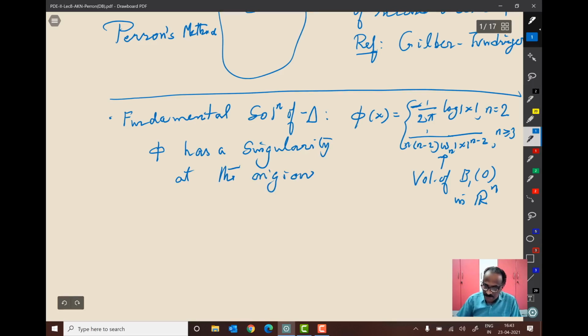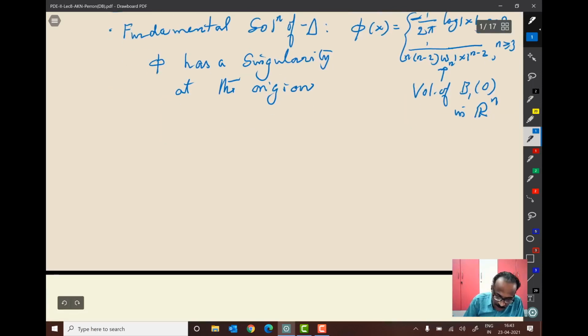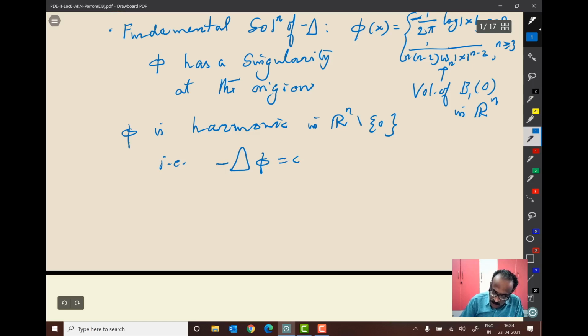And we know that phi is harmonic in Rn minus 0. So you see, except at the origin, it is harmonic. That is, Laplacian of phi, we write it, is always equal to 0 in Rn minus 0.